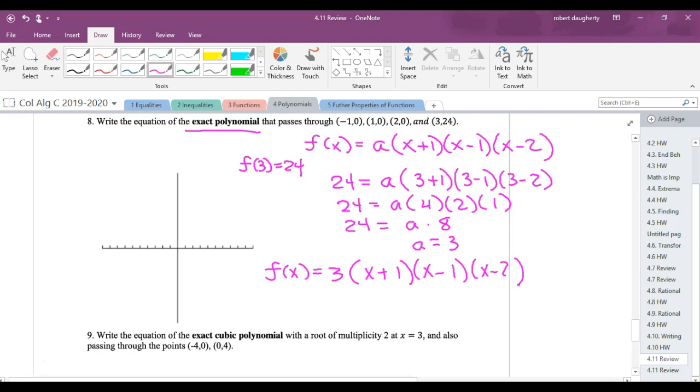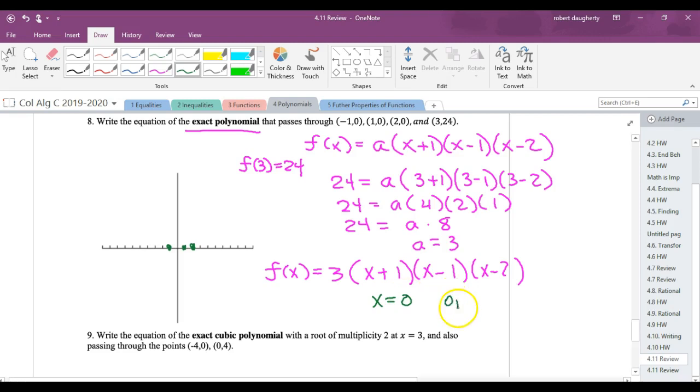And if I'm graphing this, it's going to cross at -1, it's going to cross at 1, it's going to cross at 2. I don't have the y-intercept, but I can figure it out real quick. If I set x equal to 0 here, it is going to be 2 times 3, which is 6.